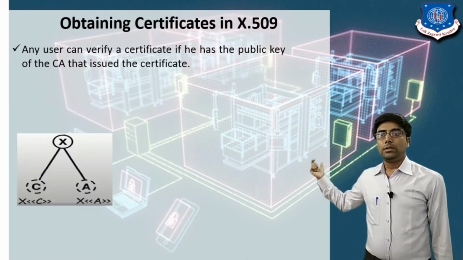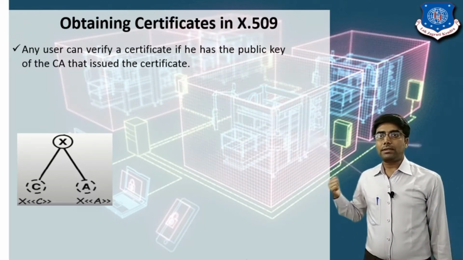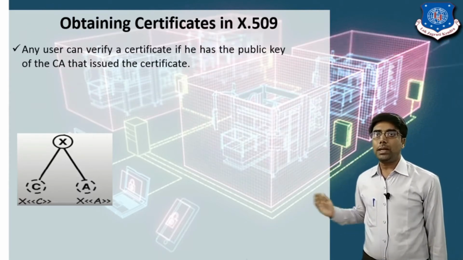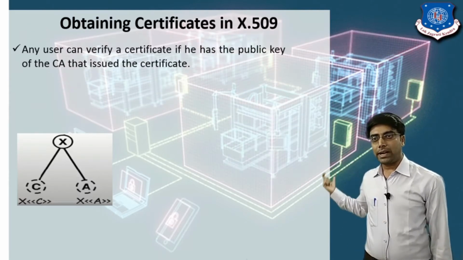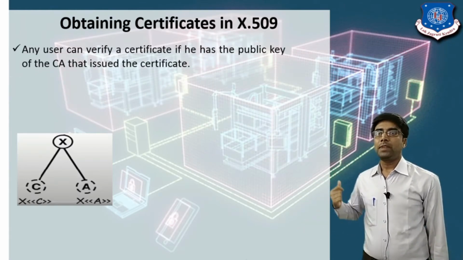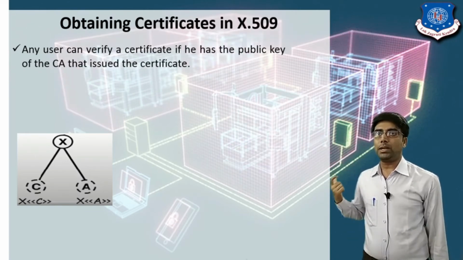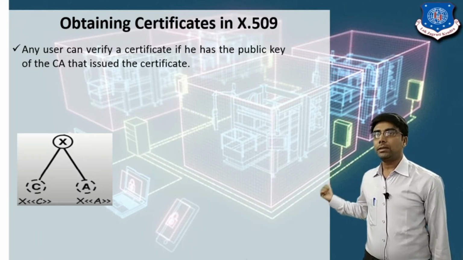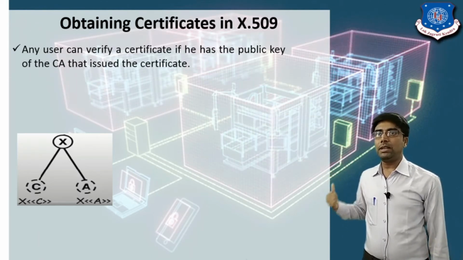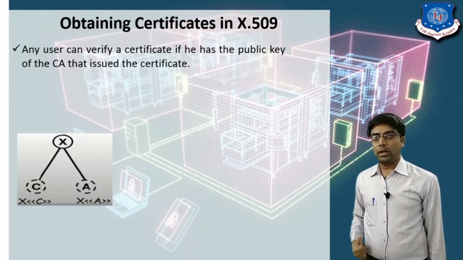Now you can see in this figure that X is called the certificate authority. There are two users, C and A. If a user wants a certificate from the certificate authority, first user C will share their public key with the certificate authority.